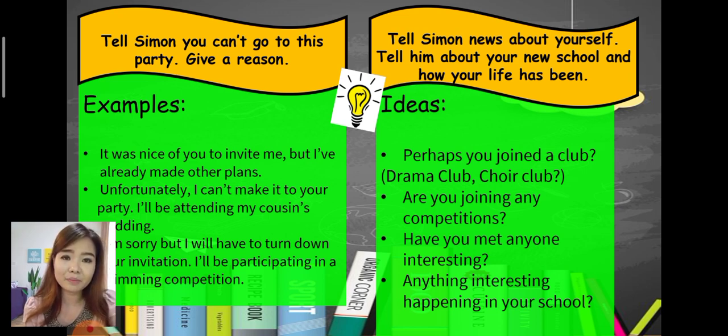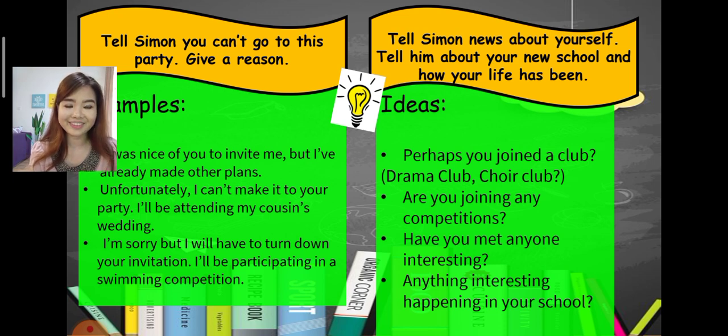I'll be attending my cousin's wedding. So you can come up with your own reason. Or another example would be, I am sorry, but I will have to turn down your invitation. I will be participating in a swimming competition. Okay? So be sure to give a reason why you cannot go to the party.